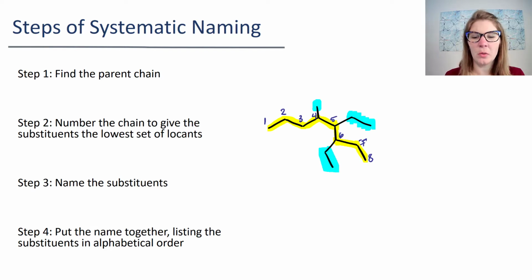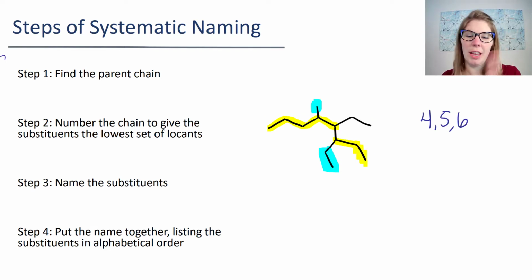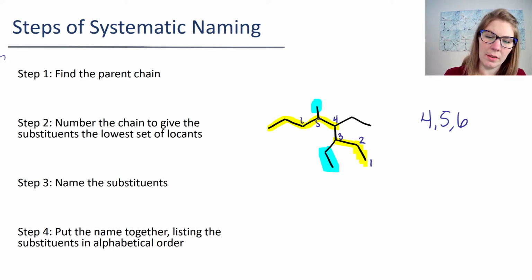And if I number this way, my locants are a 4, a 5, and a 6. Now let's number the other direction. And to make it clear, I'm just going to erase these numbers. If I number this direction, 1, 2, 3, 4, 5, 6, 7, 8.